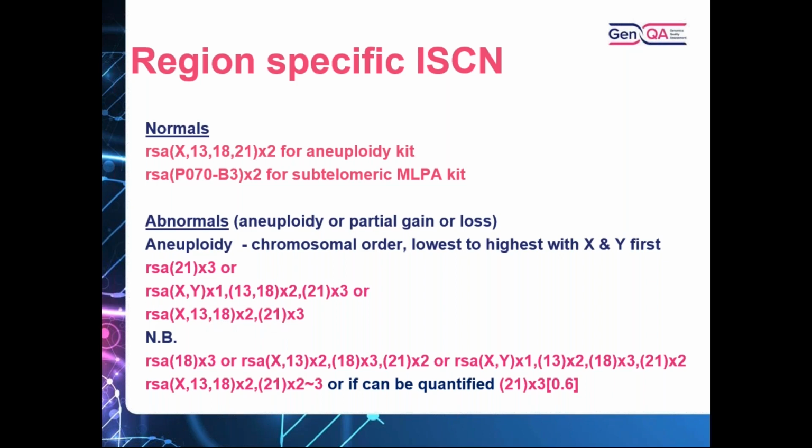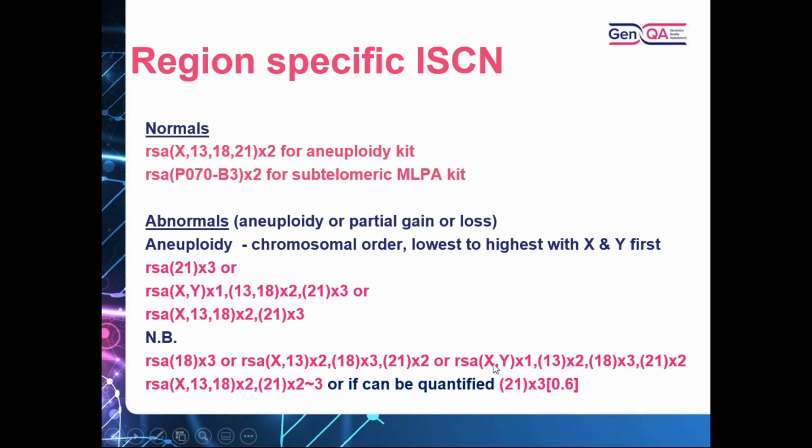Don't forget, though, that if you've got something like chromosome 18, it will look even more complicated, and the easiest one is to put RSA 18 times 3, but you do need to say you've looked at the other chromosomes and which chromosomes you've tested in the kit in the text of the report. Or if it's female, RSA X13 times 2, 18 times 3, 21 times 2, but 21 cannot go here because you have to do chromosome order.